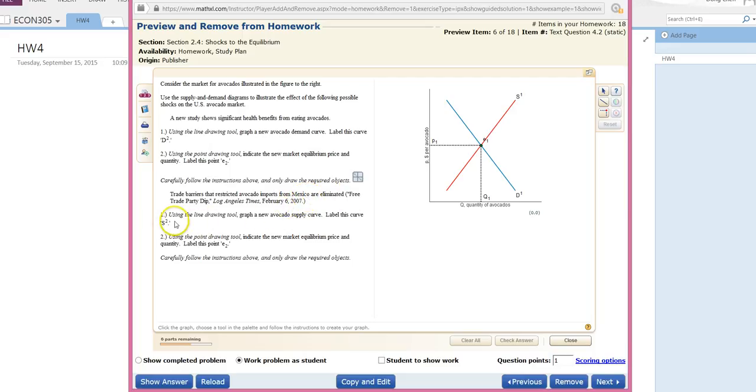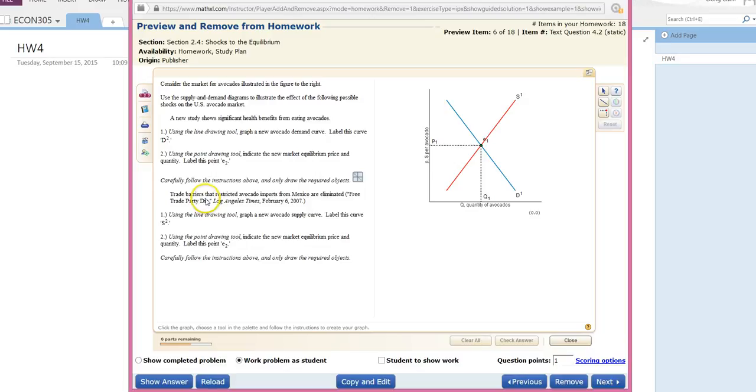So again, let's first use the line drawing tool to draw the new supply curve. Actually, here it gives you the hint that it's a supply shock, so you don't even have to think about whether this is a supply or demand shock, but for some questions you do have to determine whether this is a supply or demand shock.